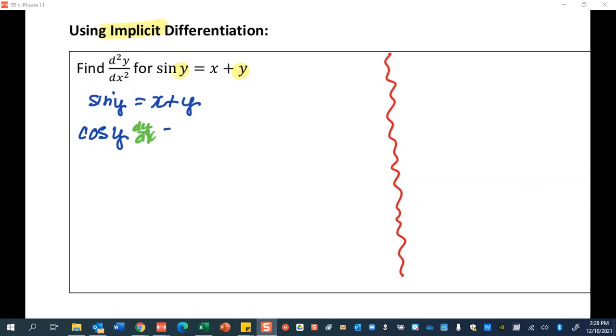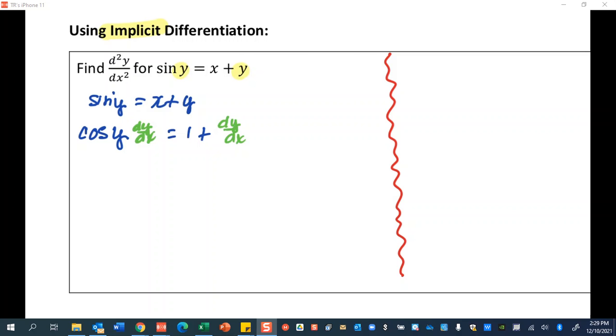And that's going to be equal to the derivative of x is 1. And the derivative of y is dy dx. I was trying to make it green. Are you okay with that?